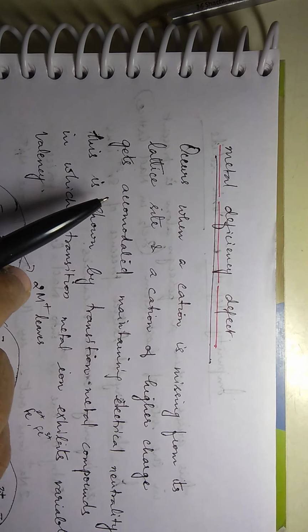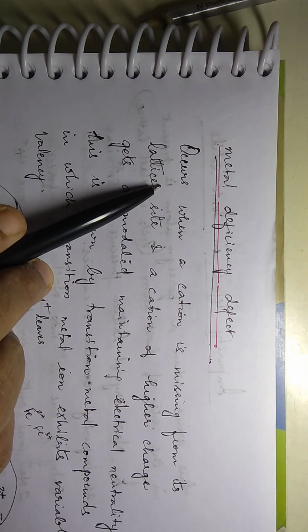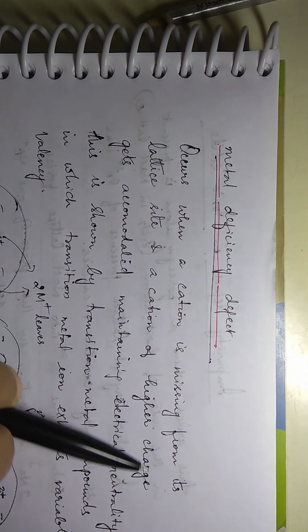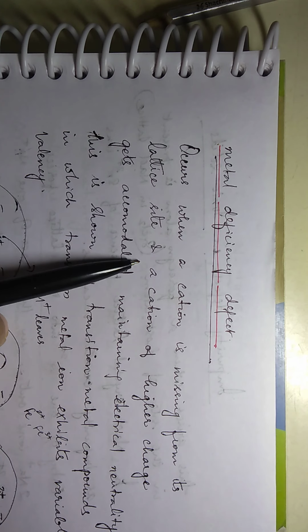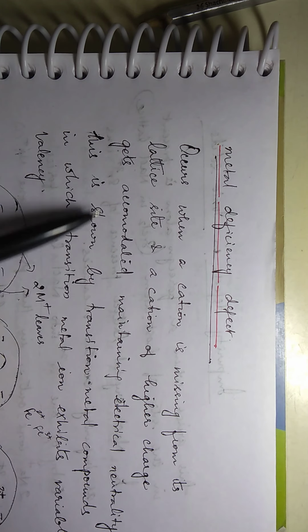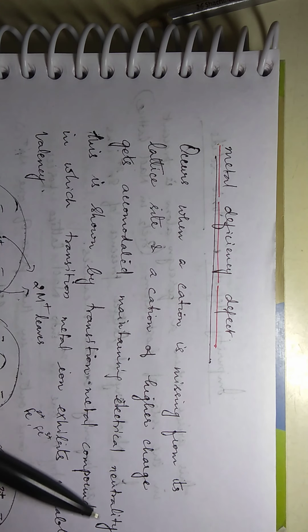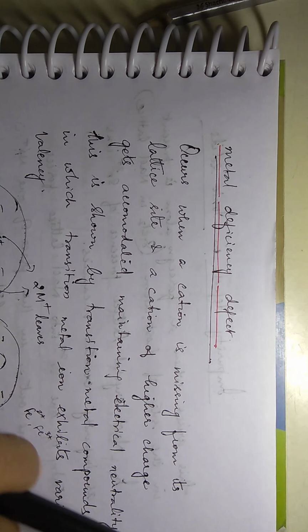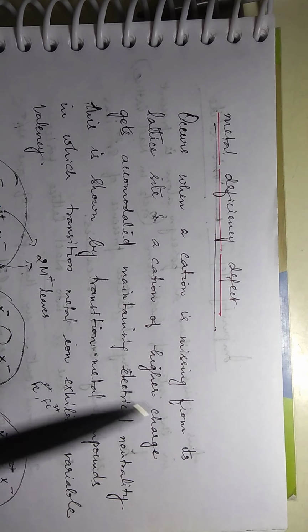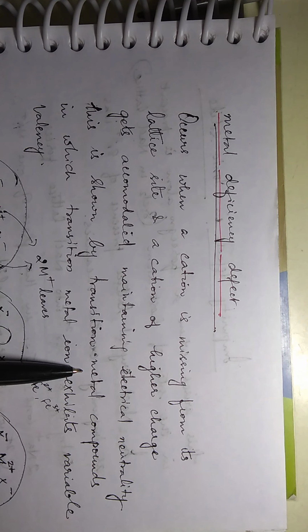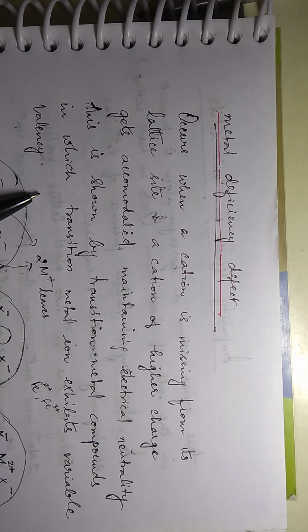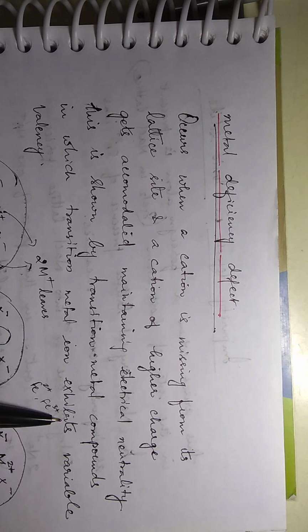Now, what I have written, see, it occurs when a cation is missing from its lattice site and a cation of higher charge gets accommodated, maintaining electrical neutrality. Right? Now this is shown by transition metal compounds in which the transition metal ion exhibits variable valency.